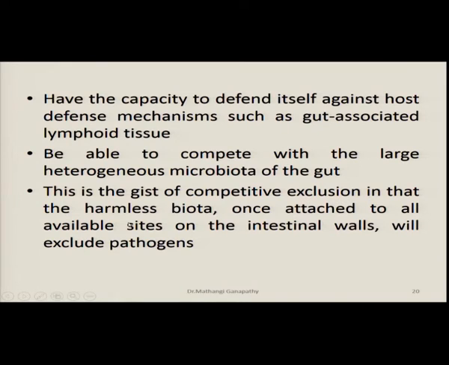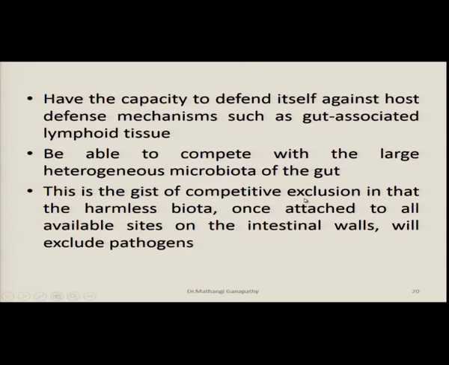So, for the pathogen to get a foothold and proliferate, it should be able to compete with those normal intestinal dwellers, take over them, in the sense that it should be virulent enough to survive in conditions where the normal gut microbiota is huge. The pathogen is going to be very less in number. Even in such small numbers, it should be able to get a foothold and start dividing.